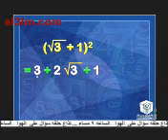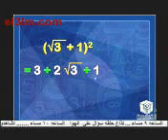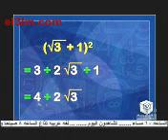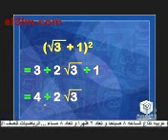The two like terms 3 plus 1 equal 4, so the missing term is 4.